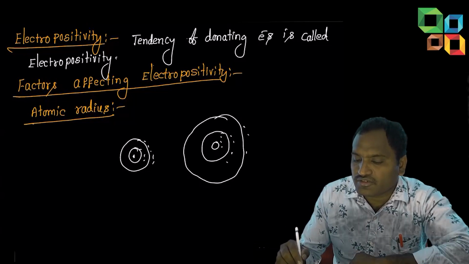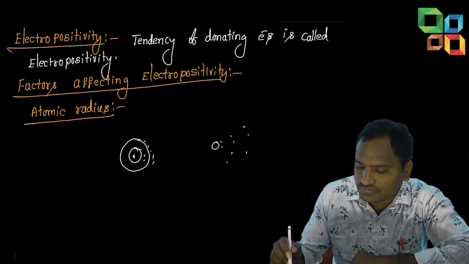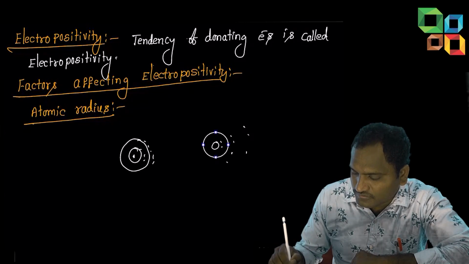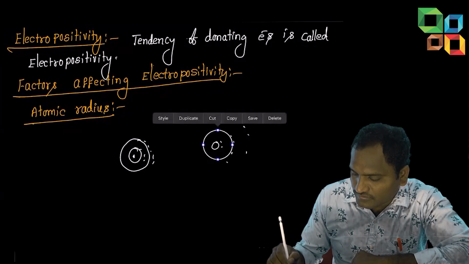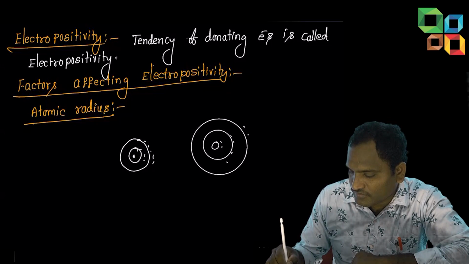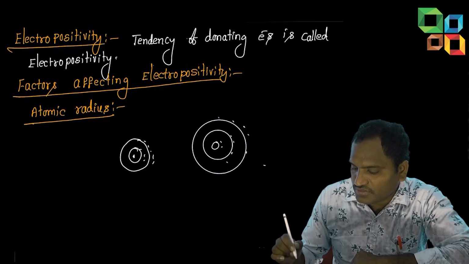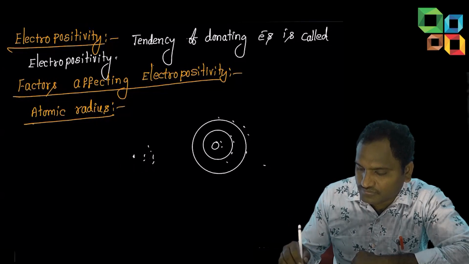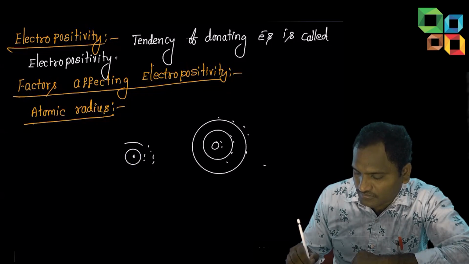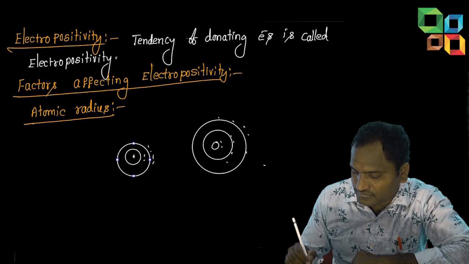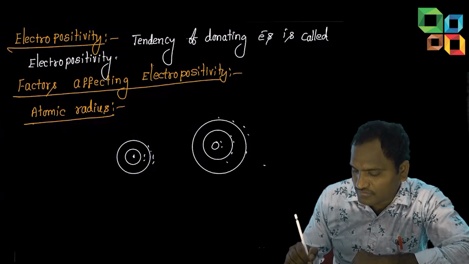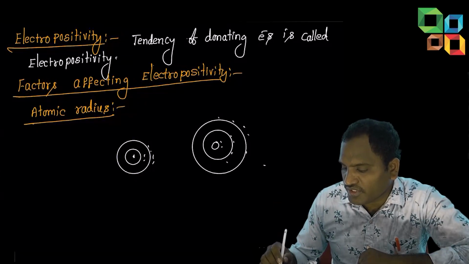From which atom can we remove electrons easily?